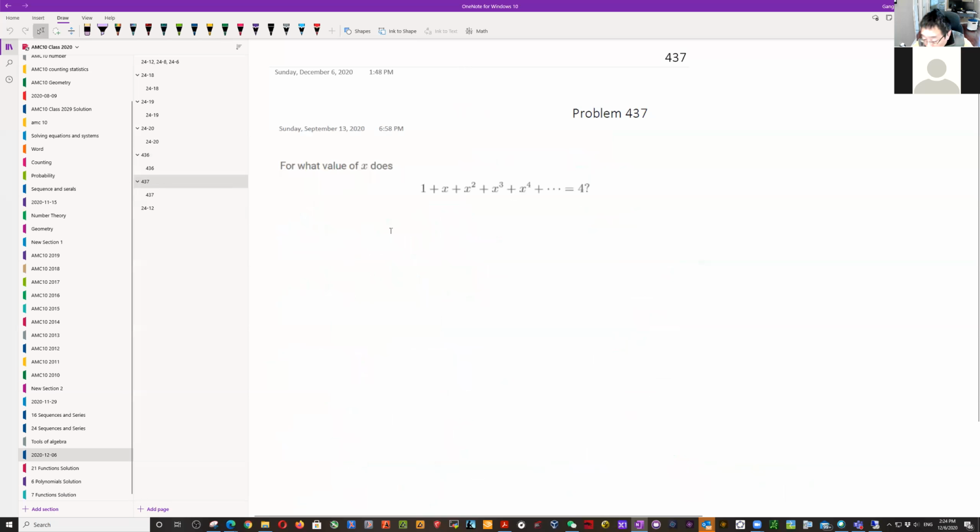And so this one asks: what value of x does this add up to 4? So basically we have 4 inside. This is obviously a geometric infinite series. And how do we do that? It looks like the fixed ratio r is just equal to x. So this summation is up to 4. The leading term is 1, so 1 over 1 minus x equals 4.